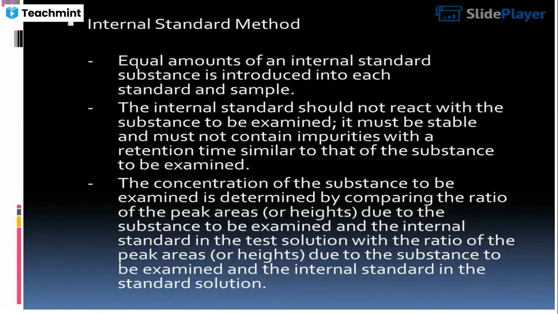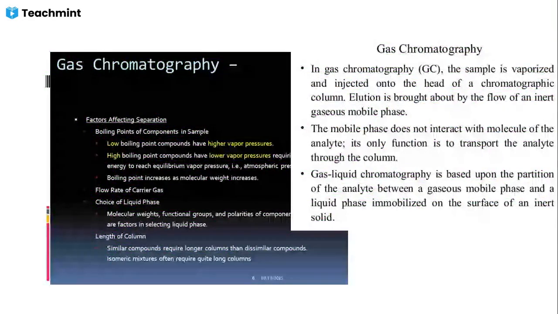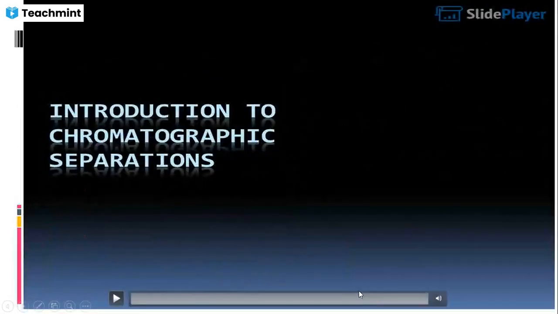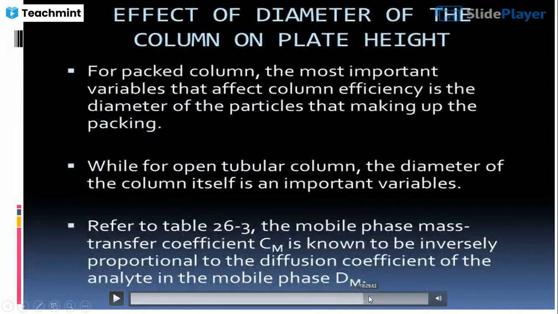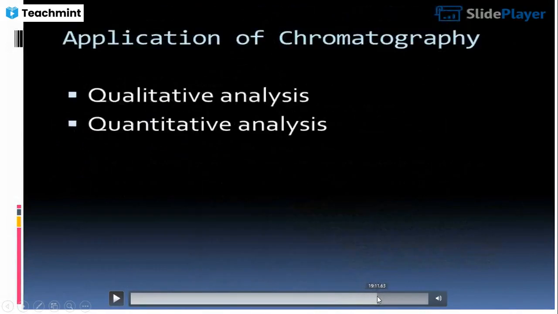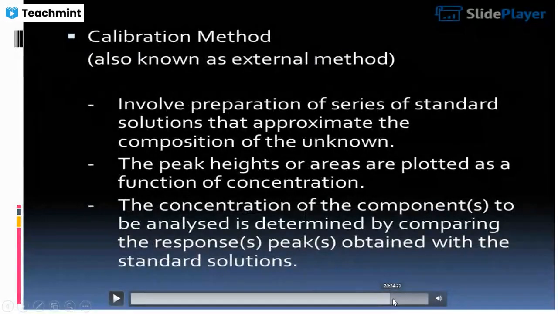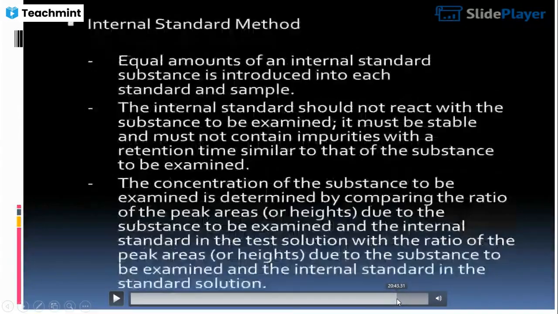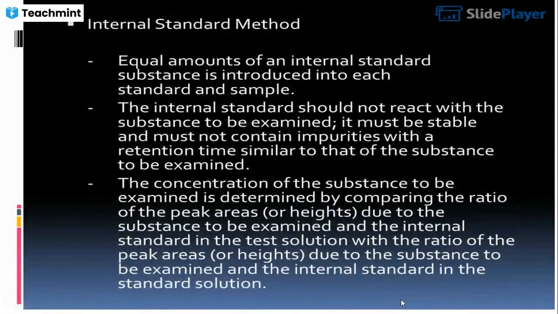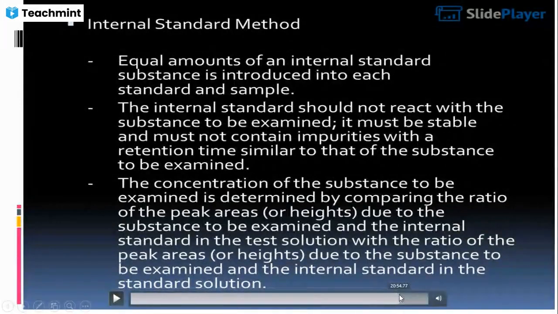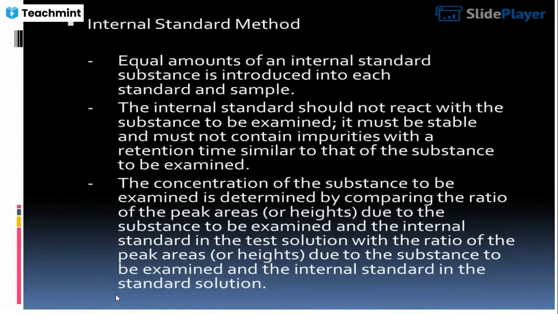The concentration of the substance to be examined is determined by comparing the ratio of the peak areas, or heights, due to the internal standard in the test solution with the ratio of the peak areas, or heights, due to the substance to be examined and the internal standard in the standard solution.